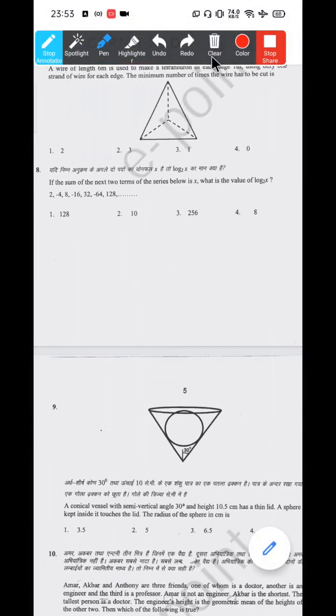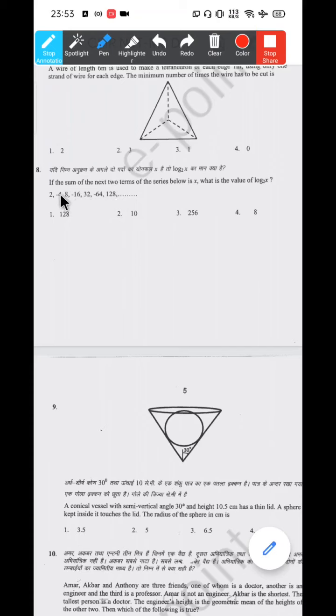If the sum of the next two terms of the series below is x, what is the value of log x to the base 2? Okay, so let us observe the series. 2 minus 4 8 minus 16. Yeah, it is a table of 2.